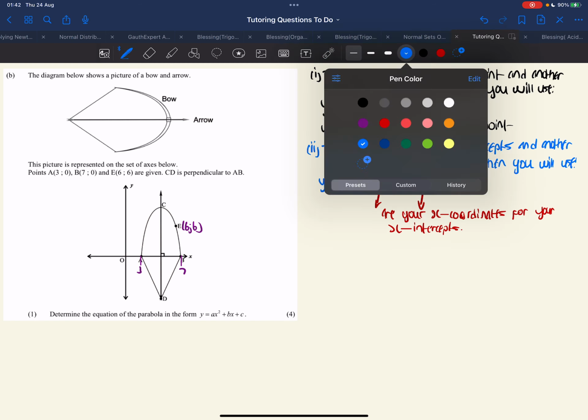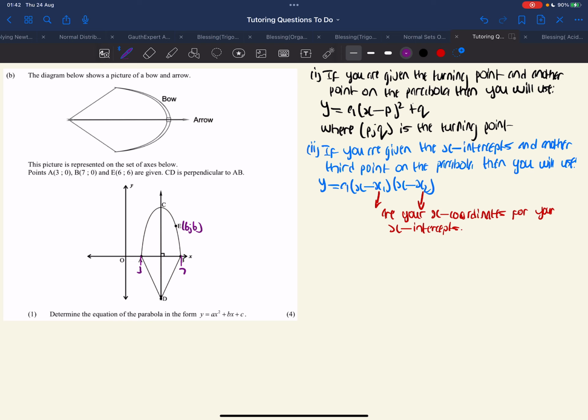So using that one, remember now, we're gonna say therefore y equals a(x minus 3)(x minus 7), because we are given 3 and 7, right? And then another thing, we are also given another point which is 6, 6. So now we're going to sub in E 6, 6, so that we can find our a, right?